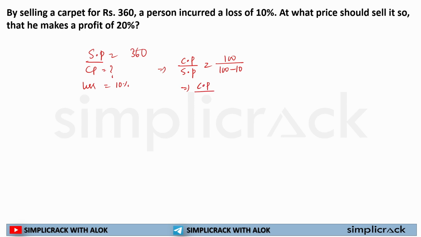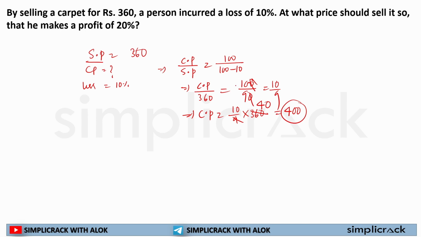Selling price is 360 multiplied by 100 by 90. 100 minus 10 is equal to 90. So it is 10 by 9. So cost price will be 10 by 9 multiplied by 360. 9 4s are 36, so it will be 40. So cost price is 400.